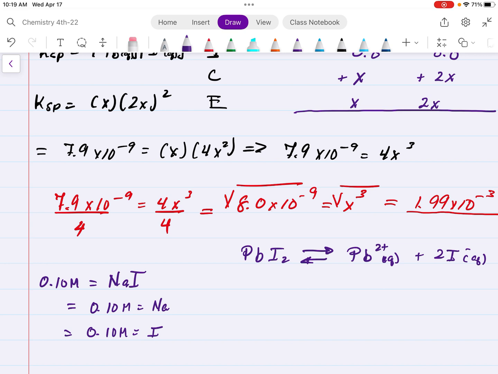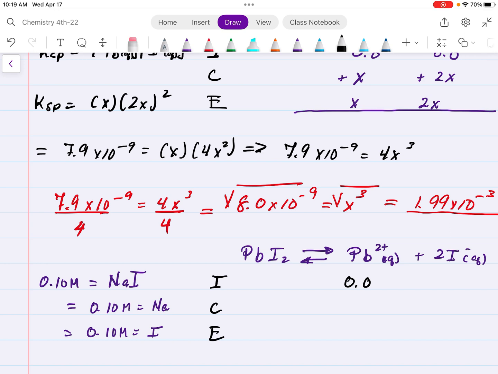When we set up our ice table for this reaction, we're going to take a look. Again, lead iodide is not included, but here's where it changes. When I do the initial concentration, the lead still has a zero initial concentration because we're not adding more lead with the sodium iodide. What's going to change is the amount of the initial iodine.